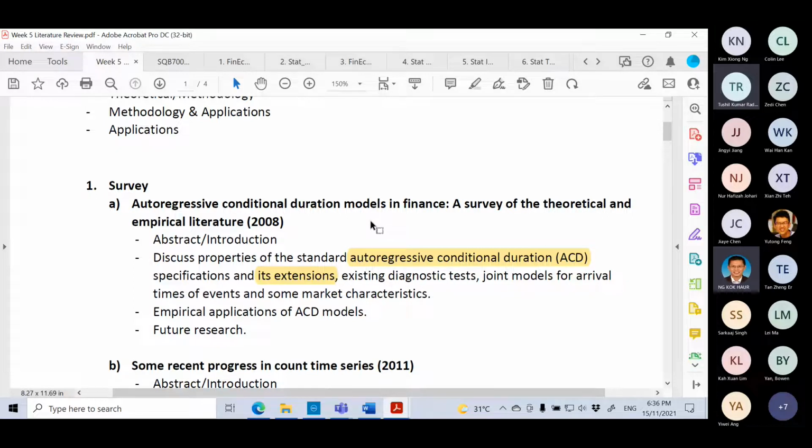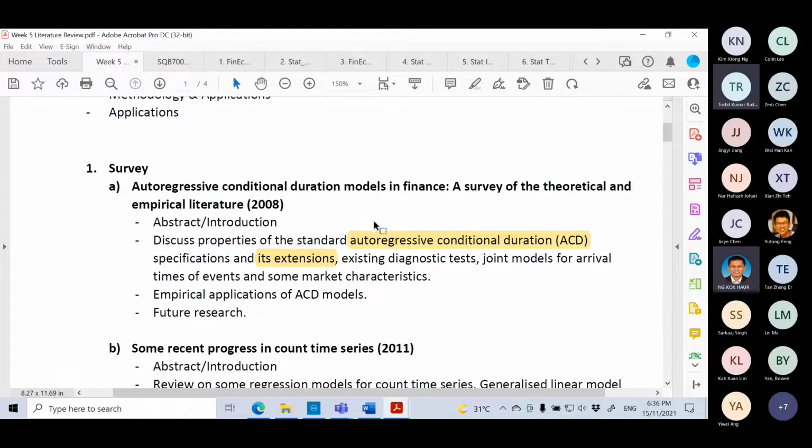Under the introduction section, they will mention some surveys on it. And then of course they will mention existing diagnostic tests. So what is a diagnostic test? If you're working in this area, then you'll know it is like testing the residuals, whether they fulfill the assumption or not. So they have many different tests to test it.